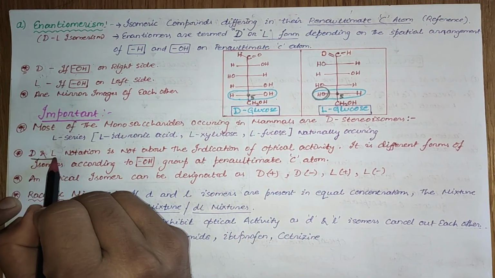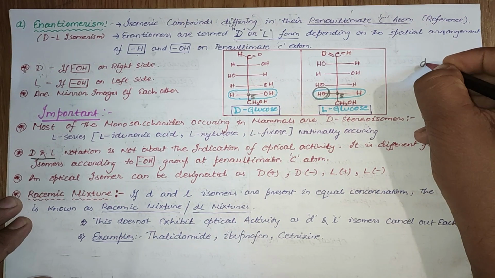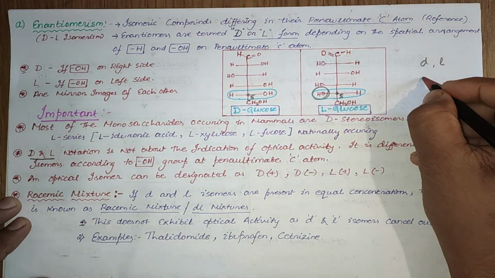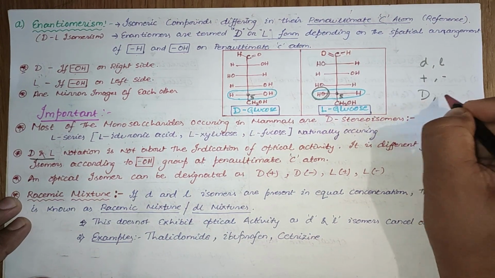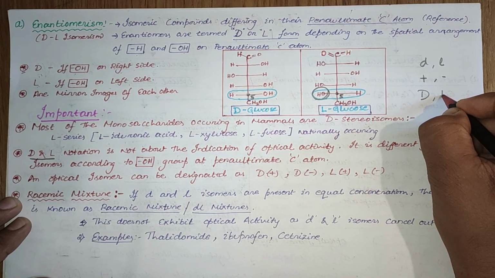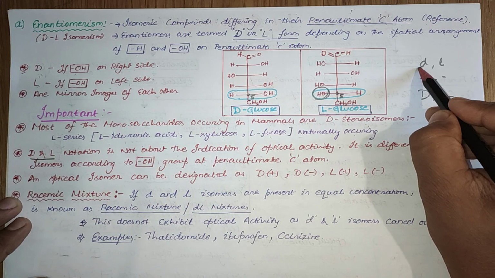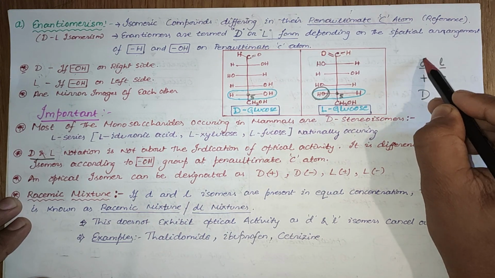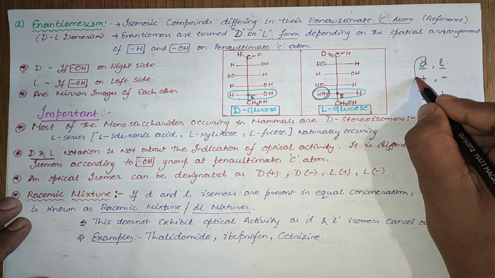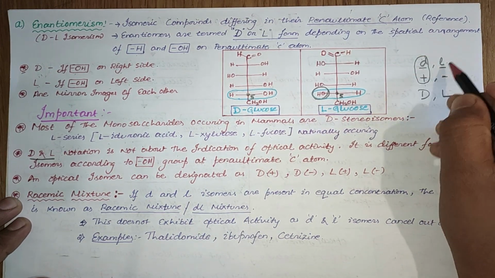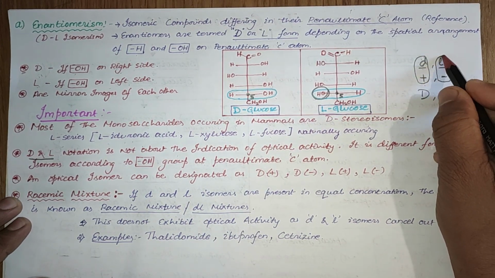There is a small d and small l notation, there is a positive and negative notation, and there is a capital D and capital L notation. The small d and l stand for dextrorotatory and levorotatory, the plus stands for dextrorotatory and the minus stands for levorotatory.